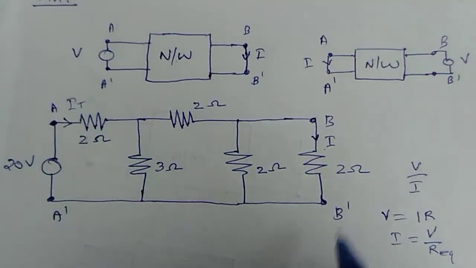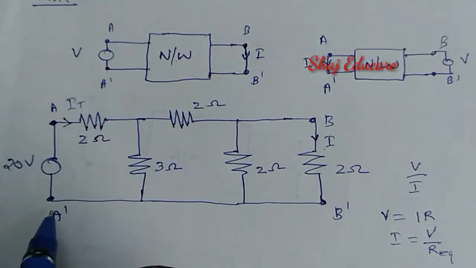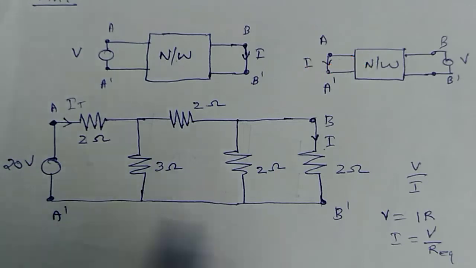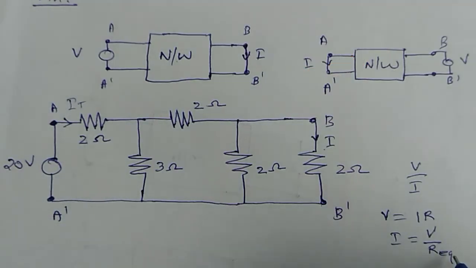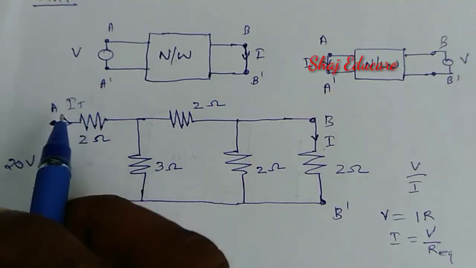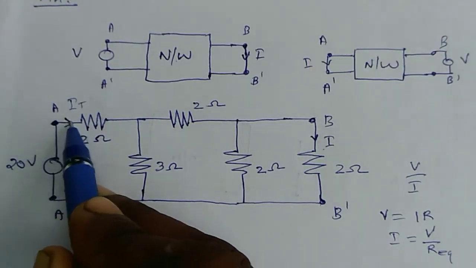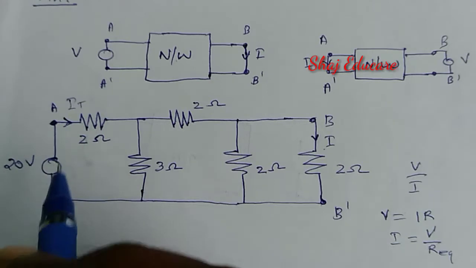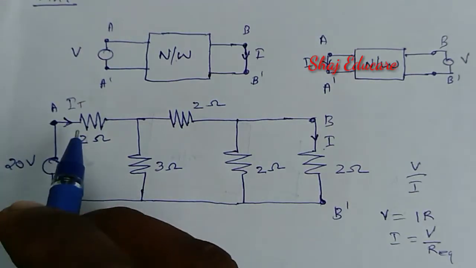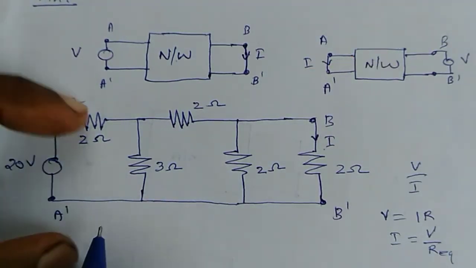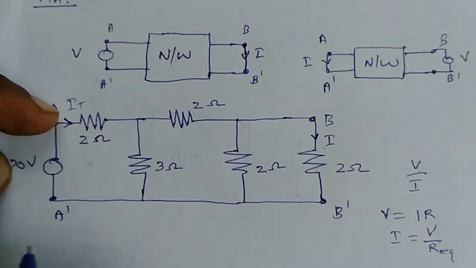So you have to find the equivalent resistance at A dash, then take the ratio V by R equivalent. Then we will get the total current supplied by this voltage source, let it be IT. For that purpose, I'm going to find the total resistance across this point A dash.